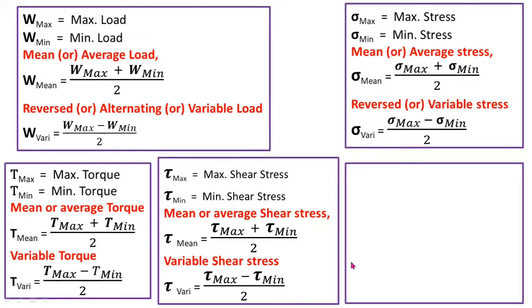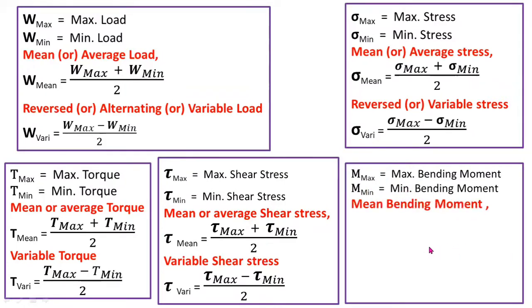Okay. In a similar manner, if you are considering bending moments, then M is the bending moment. Okay, M max is the maximum bending moment. M minimum is the minimum bending moment.